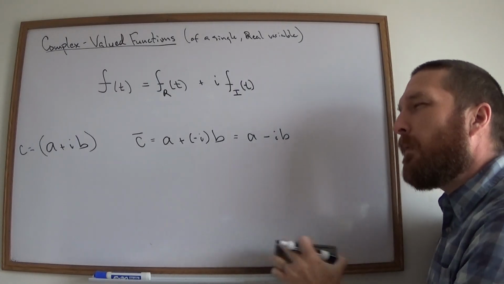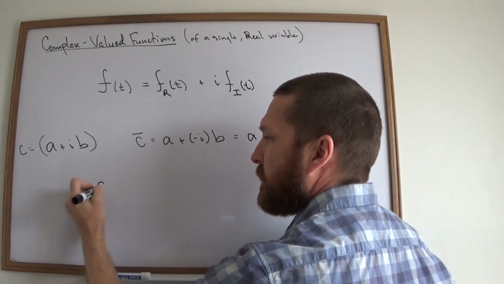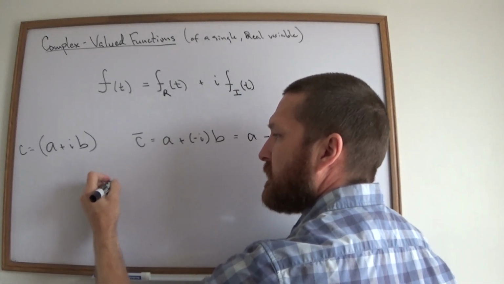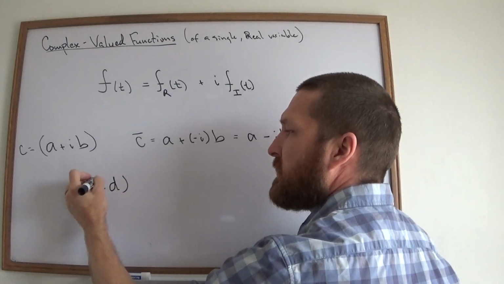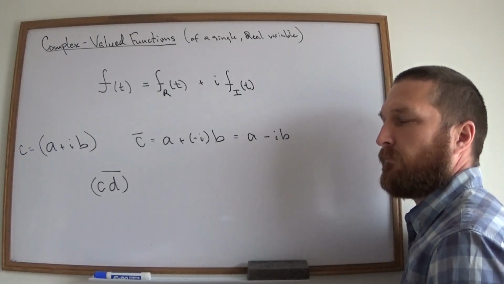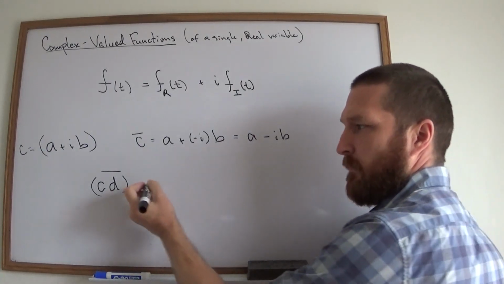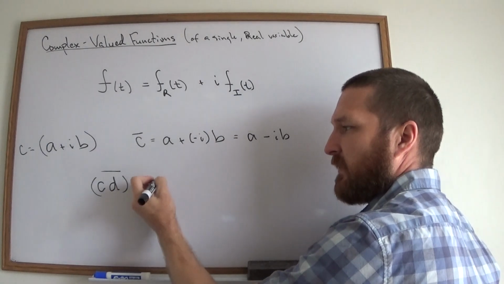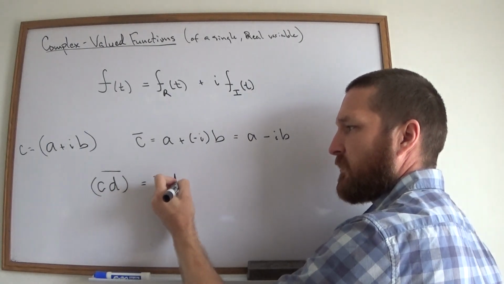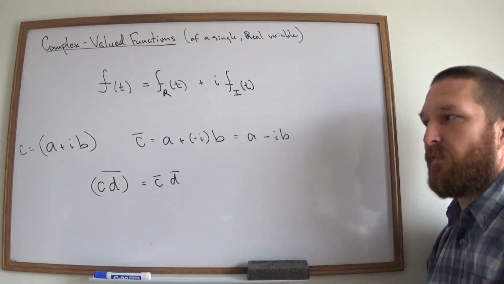But one thing that might be new is this. Suppose you have two complex numbers, c times d, and we want to take that thing's conjugate. I claim that this is the same thing as taking the conjugate of c times the conjugate of d. That's my claim, and let's see if it's true.